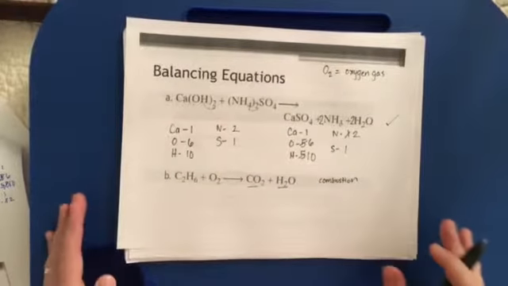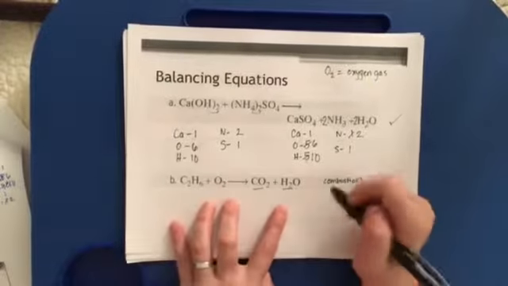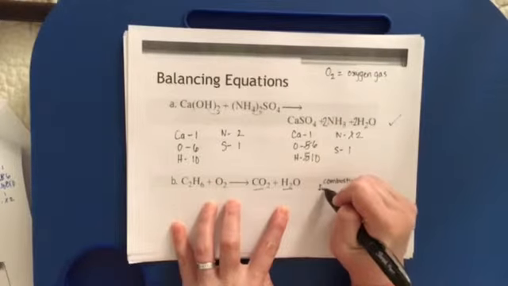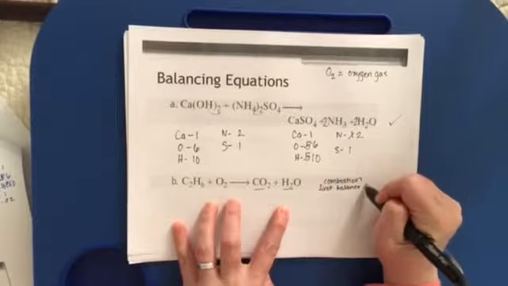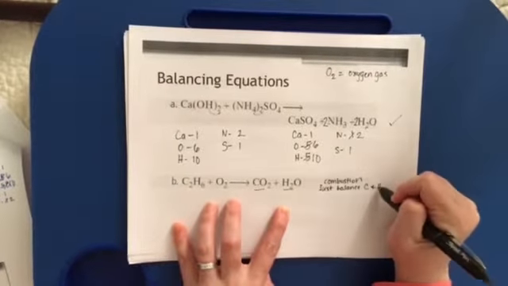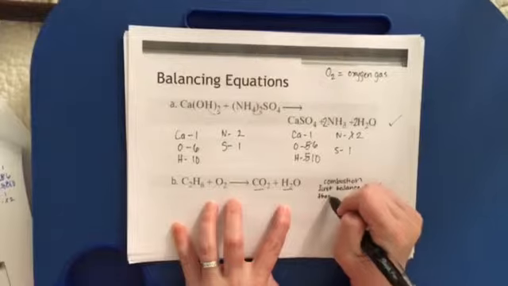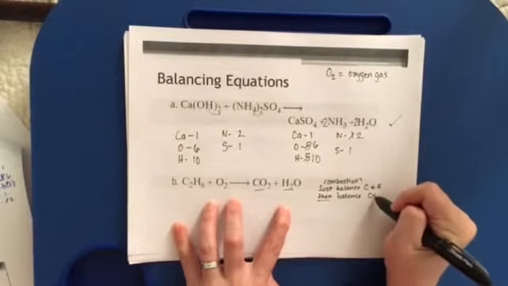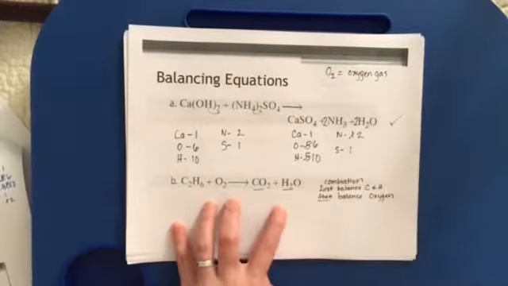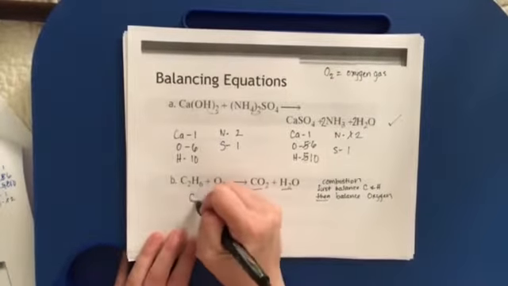And what I want you to do when you see these is first balance carbon and hydrogen, then balance oxygen. Okay, and so we'll see what I mean as I do this.